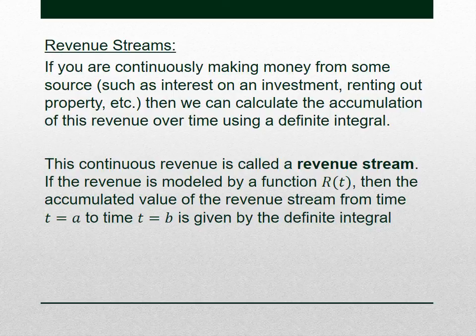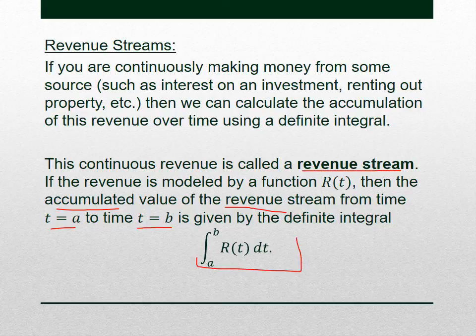So if r of t is a revenue stream, or you've got money continuously coming in at the rate of r of t, and I ask what the total revenue accumulated is, or what's the total money you've gained, you can find that by finding the definite integral from time A to time B of your revenue stream. So if you want to know the accumulated revenue from time A to time B, you take the definite integral from A to B of your revenue stream function.